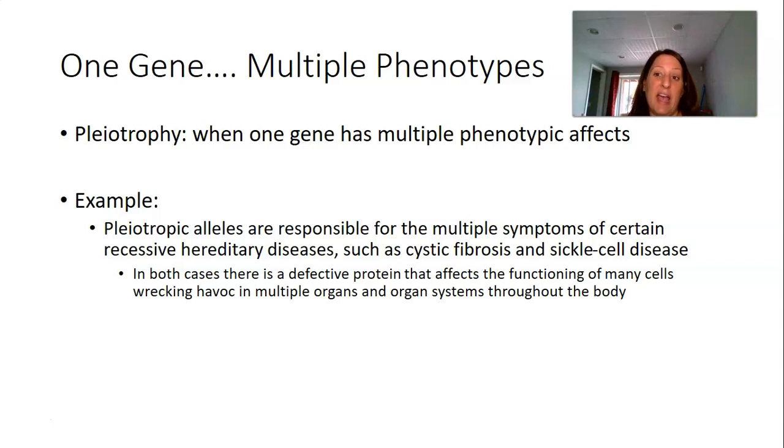And because of that, all of the cells and tissues in the body are going to be kind of oxygen deprived. So there's something else. And then because of the sickle shape, the kind of crescent shape that the red blood cells end up taking on, those red blood cells tend to get stuck in capillary beds, and therefore they cause blood clotting. So again, one gene having multiple phenotypic effects throughout the body. Okay, again, that's called pleiotropy.